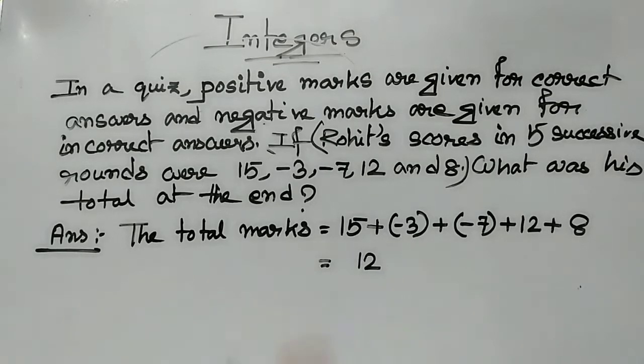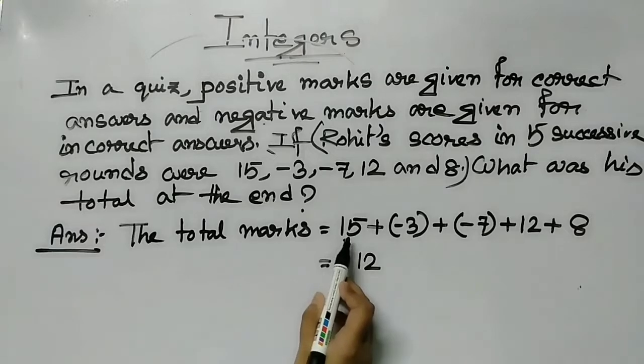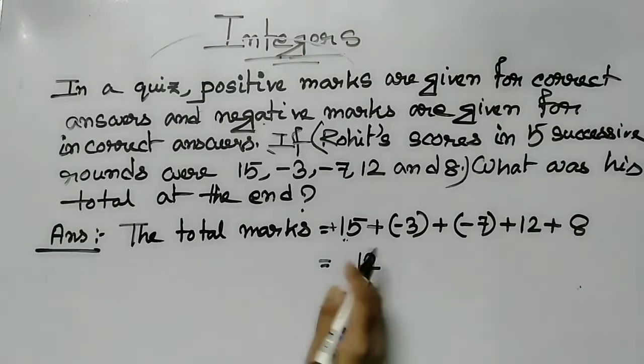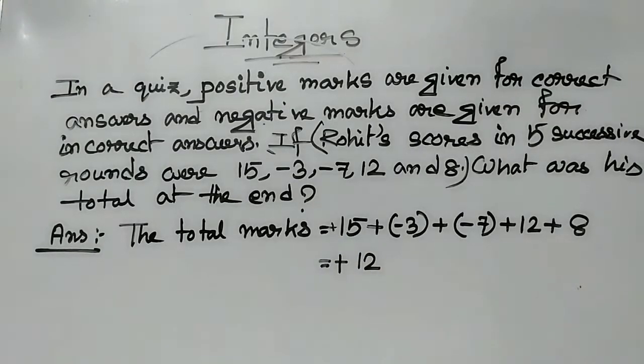And what is the sign? The sign of the one whose absolute value is greater. So whose absolute value is greater? 15 has the greater absolute value. So we will put the sign of 15. 15 has positive sign. So we have to put plus 12. Or you can write it as only 12.